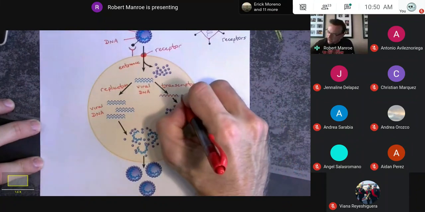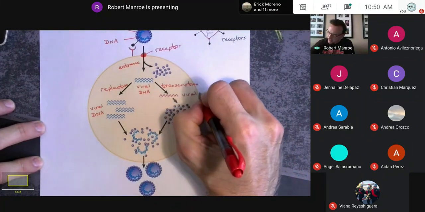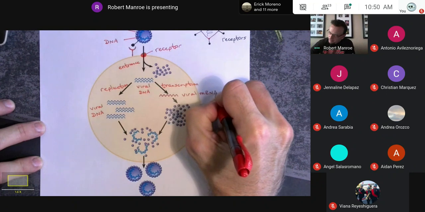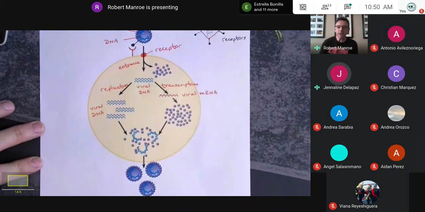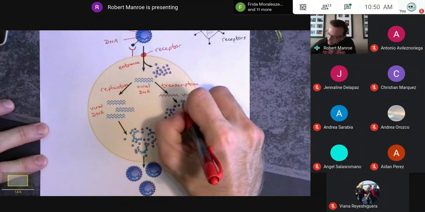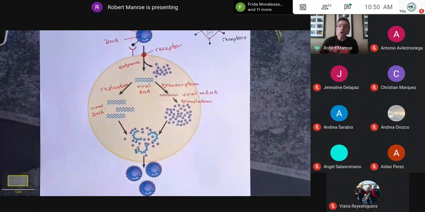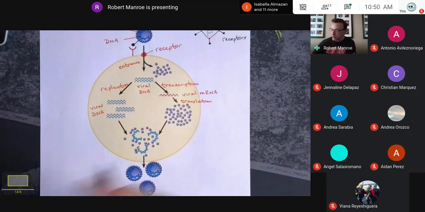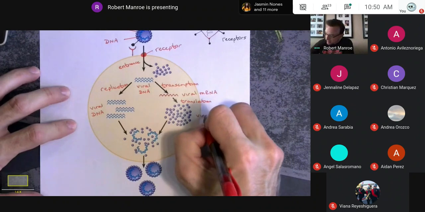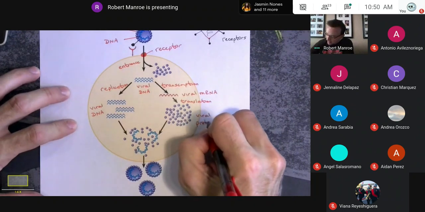Transcription then produces messenger RNA, but what kind of messenger RNA? Viral. Viral messenger RNA. Then that viral messenger RNA is read by the process of translation. Again, the cell's own ribosomes are taken over to make viral proteins.